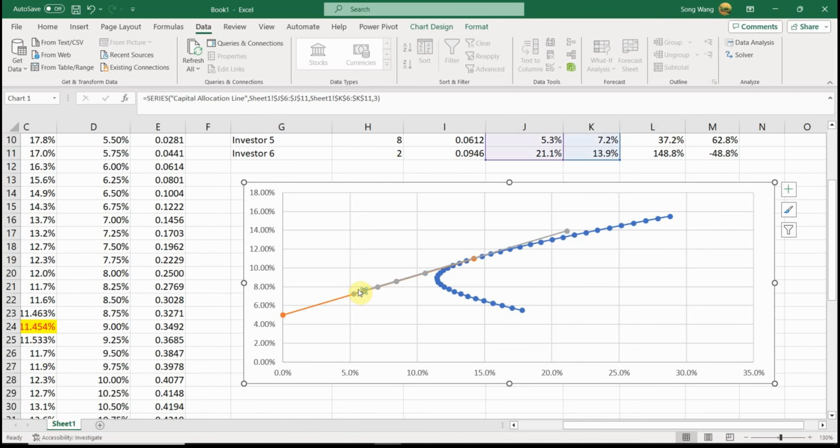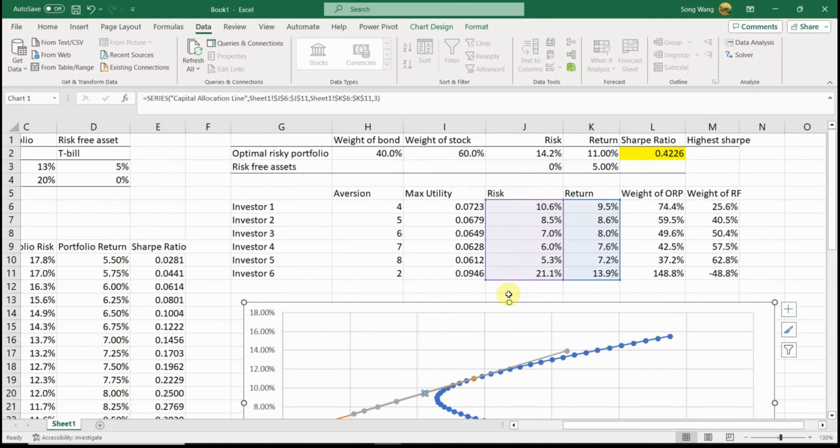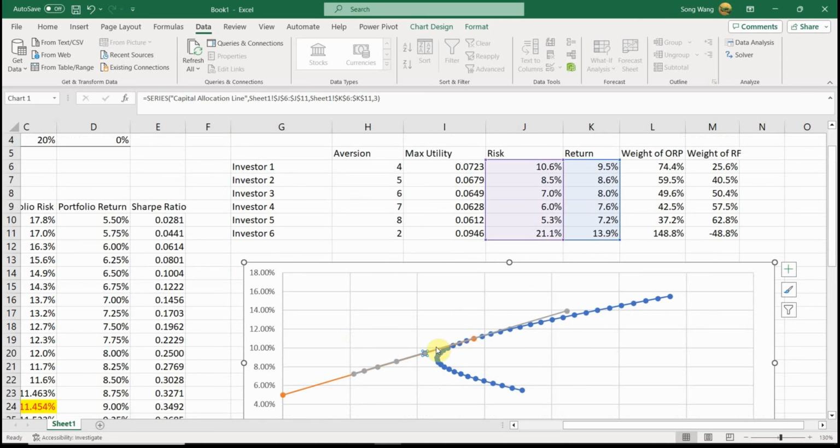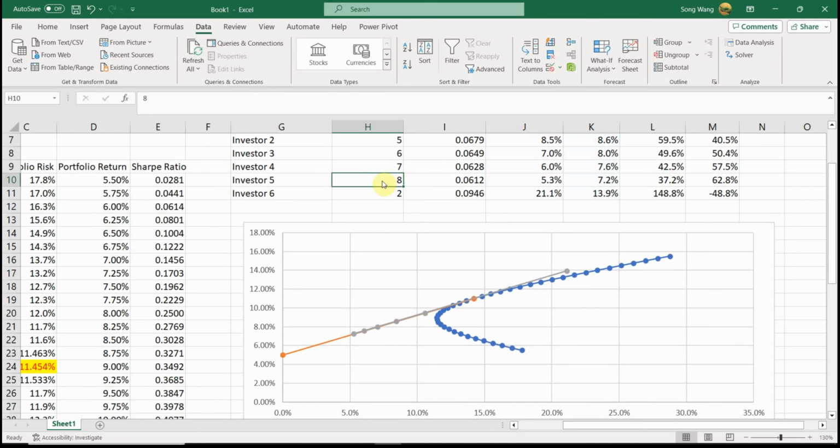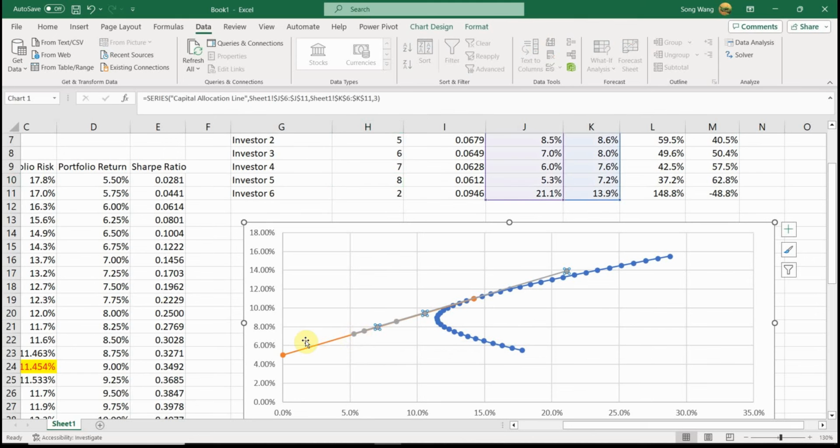And for all the other investors here, and here, they all have a high risk aversion, so they just don't put all of their money in the risky. They put some money in the risky and the rest in the risk-free. The more risk averse they are, like for investor 5, the risk aversion is 8, so they would be closer to the risk-free assets.